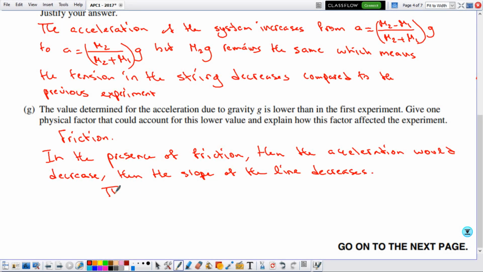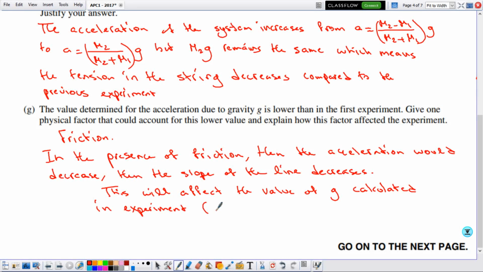This will affect the value of g calculated in experiment 2, and let me mention between brackets, lower value.